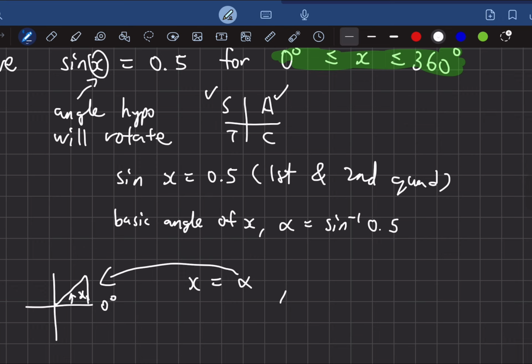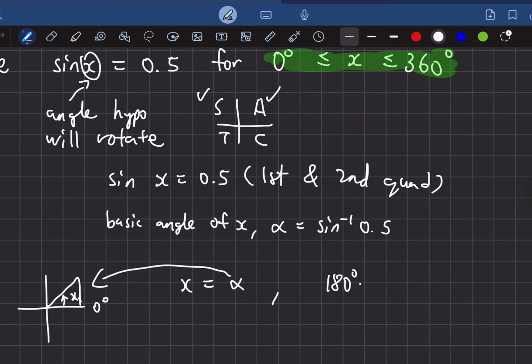Then my second quadrant is 180 minus alpha, which is over here. Second quadrant, this is where x is, this is where the alpha is. So that's why it's 180 minus alpha, because it's 180. So here, okay, alpha will be 30 degrees. Then 180 minus 30 will be 150.